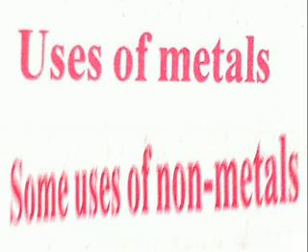And iron articles like axe, hammer, spade and sickle are made of metals only. Some agricultural tools, electrical appliances and vehicle bodies are also made of metals only. Like this, metals play a very important role in our daily life. Without them, we cannot live.